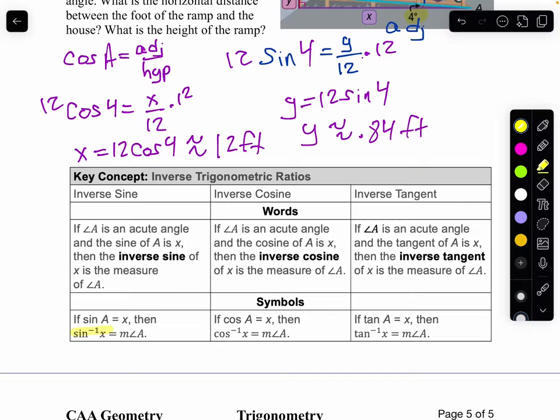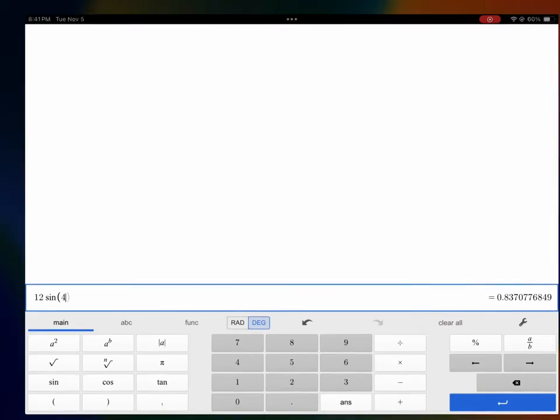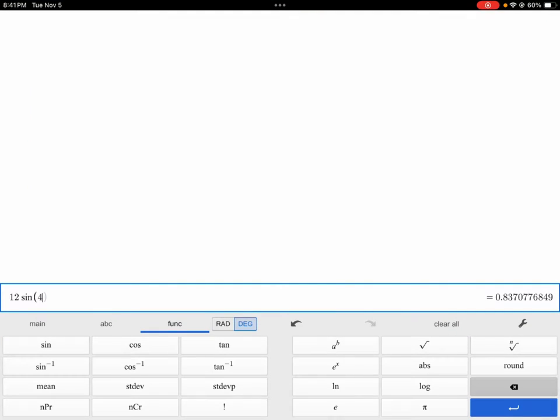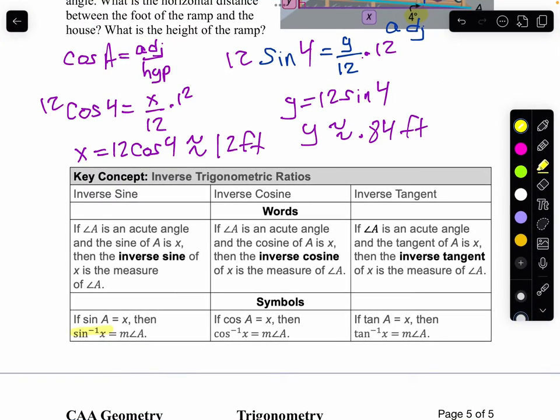On your Desmos calculator, if I just hit my functions, notice my second row are all my inverse functions. The others have nothing to do with trig. We'll use those later on when we do statistics. So if I know the sine, the cosine, or the tangent, I'm going to hit my inverse function to find those.